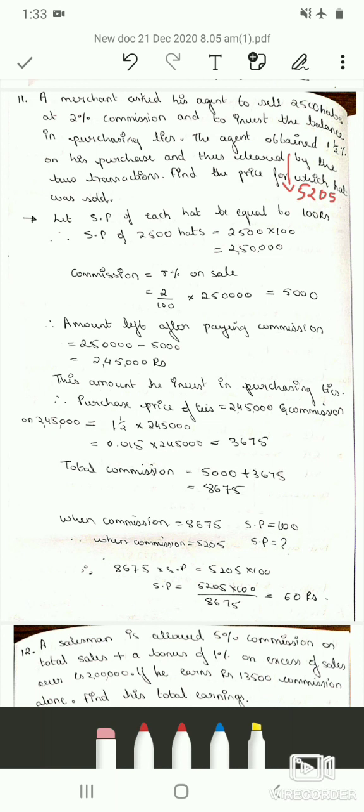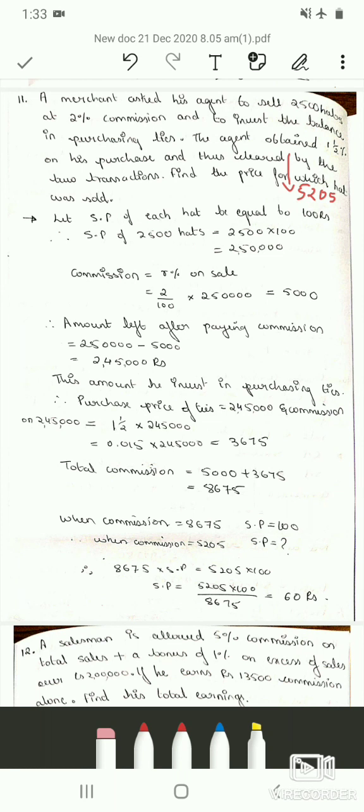Whatever amount remains has to be invested in purchasing ties, for which again the agent gets 1/2% of his purchase, and they have given that the commission obtained by the agent was 5205. So with all this information we have to find out the price for which a hat was sold.